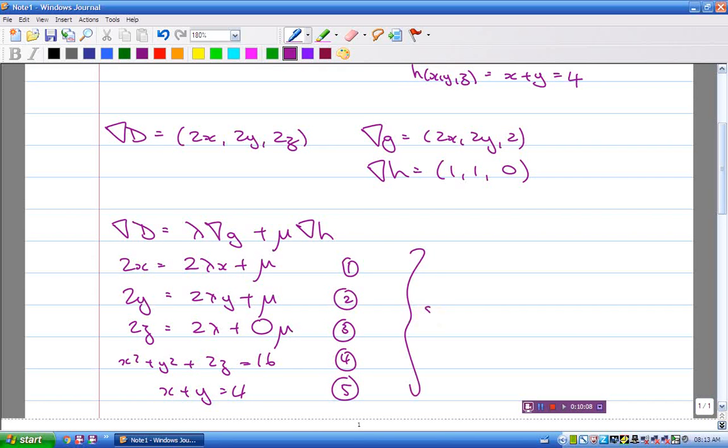This is my system of equations that I now need to solve. 5 equations and 5 unknowns, where those unknowns are x, y, z, lambda and mu. Although, as I said yesterday, lambda and mu we're not actually really interested in. They're simply there to allow us to solve for x, y, and z.